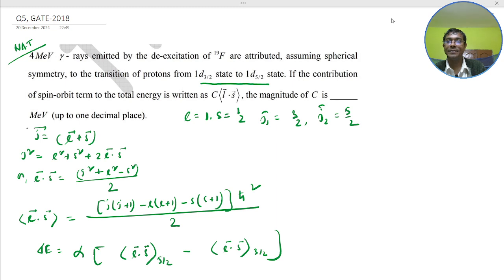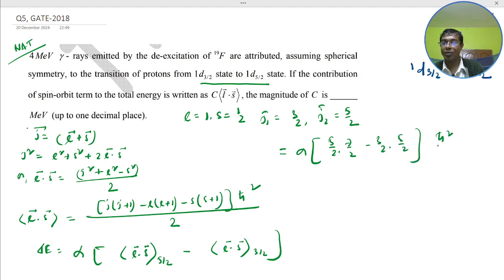So 1D 3 by 2 state from 1D 5 by 2. So just put this value here, alpha is 5 by 2 into 7 by 2 minus 3 by 2 into 5 by 2, and the constant h cross square by 2.